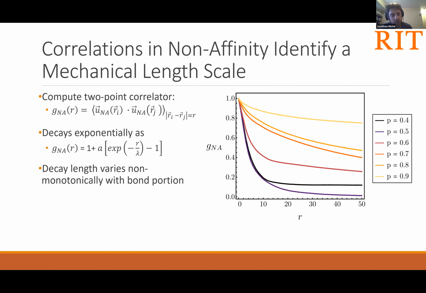Now I'm showing you a representative set of curves here for a correlation strength of 0.6, but we saw qualitatively similar behavior for correlation strengths ranging from 0 to 0.8. So from the exponential decay length in this curve, we can identify a characteristic mechanical length scale, if you like.